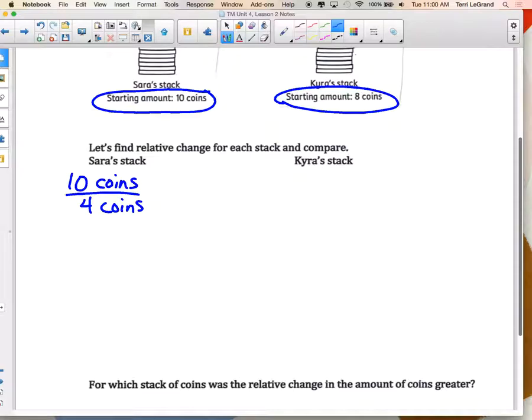No, I don't think so. Paikia? We need to switch that around. The amount it changes by should be upstairs, or that's going to get thrown off on the other side. So how much did it change by, or in other words, the absolute change, and how much did she start with? She started with 10.